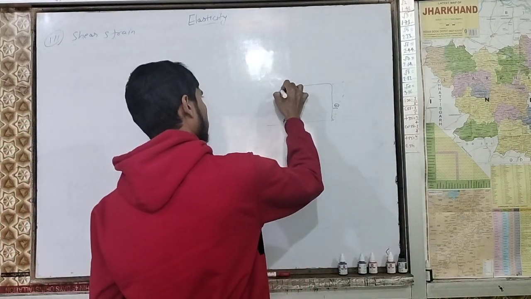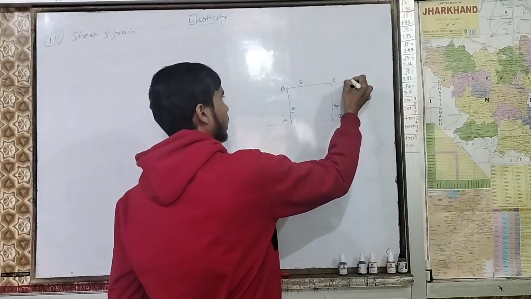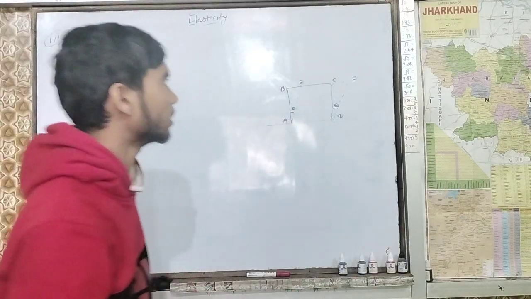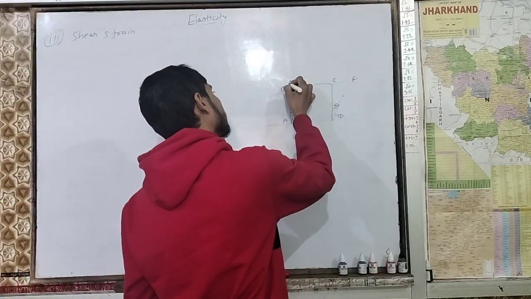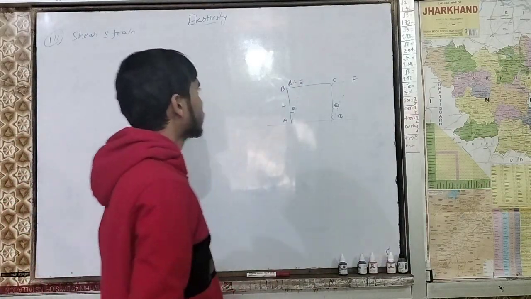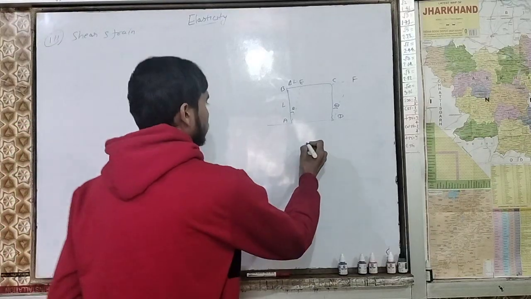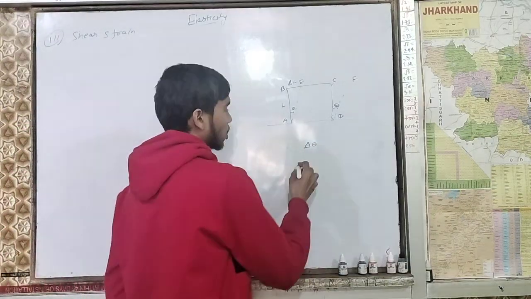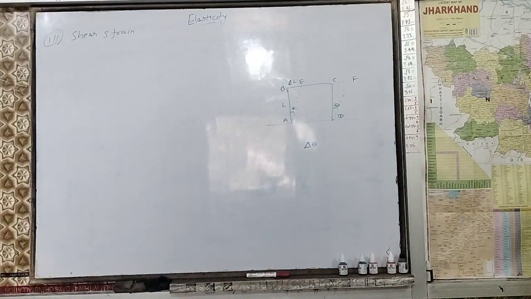Let's suppose this is ABCD. This was initial, but it became AEFD. And this is dL, and L. The formula will be the same, dL upon L. When it comes to theta, we are going to find a small theta, and if theta is very small, it tends to zero, but it does not become zero.